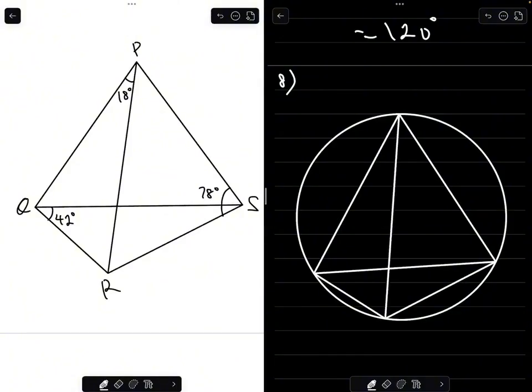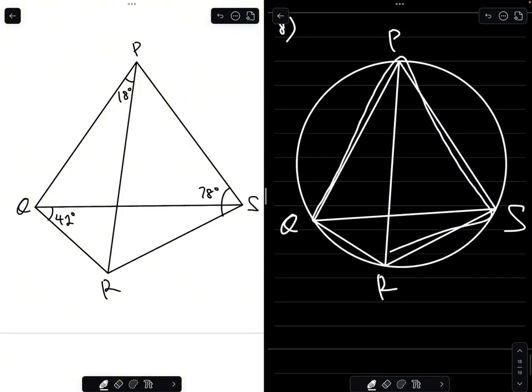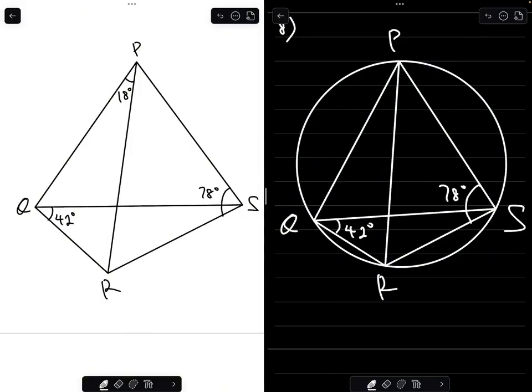Join this to this. Now this is PQRS, cyclic quadrilateral PQRS. Now this angle is 42 degrees and the whole of this angle is 78 degrees, while this is 18 degrees.